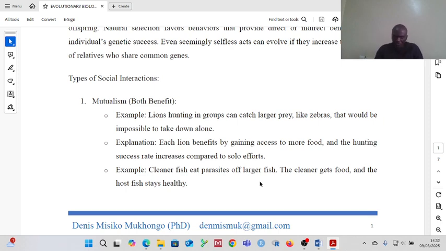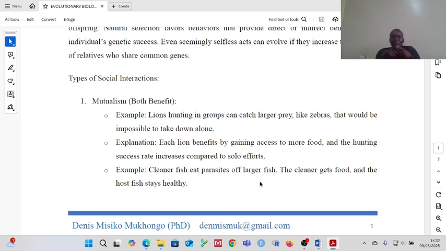Another example, we have an organism which eats parasites of another species of the same organism. So the cleaner fish will eat parasites from larger fish.